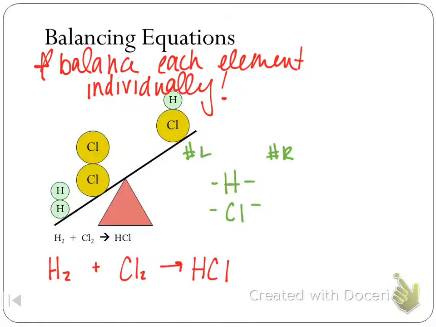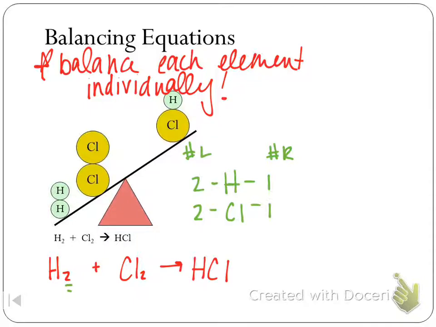So how many hydrogens do I have on the left? 2, right? This coefficient tells me there are 2 hydrogen atoms. How many chlorines do I have on the left? 2. Okay, and then how many of each do I have on the right? 1 and 1. So right now those numbers don't match, right? Hydrogen should be 2 and 2, or 4 and 4, or 6 and 6, or whatever it needs to be. Chlorine should match.